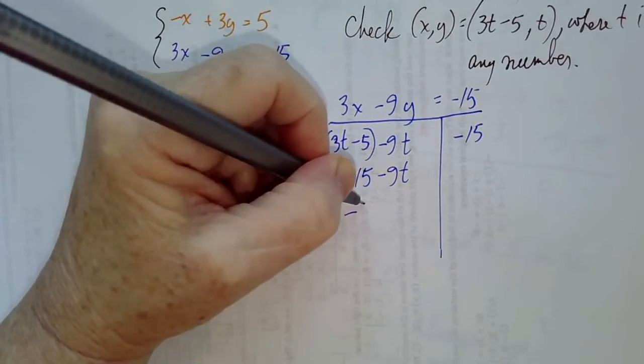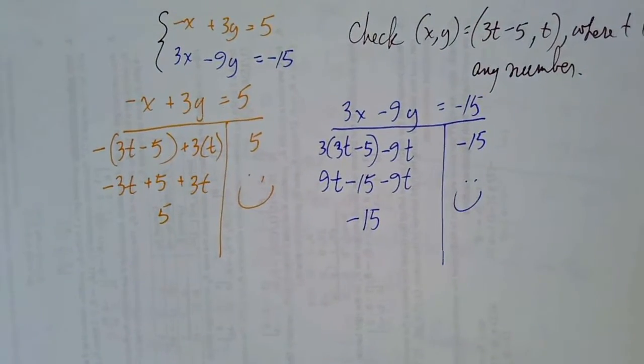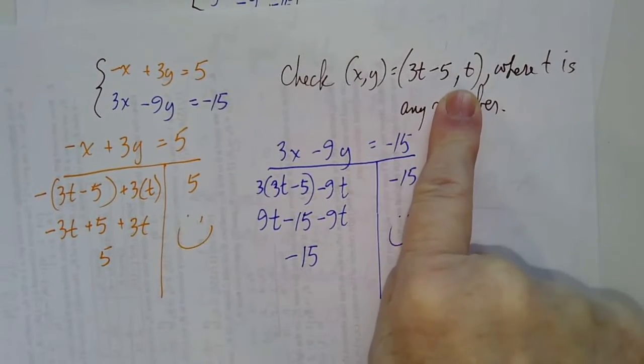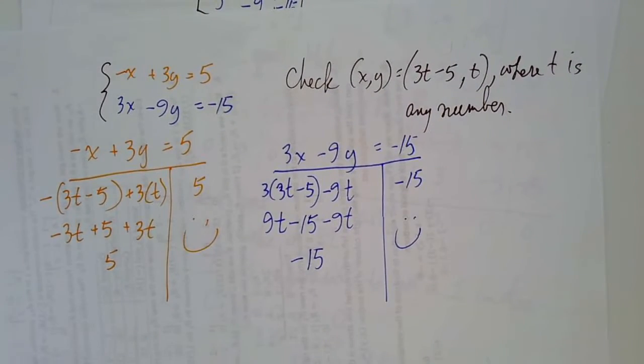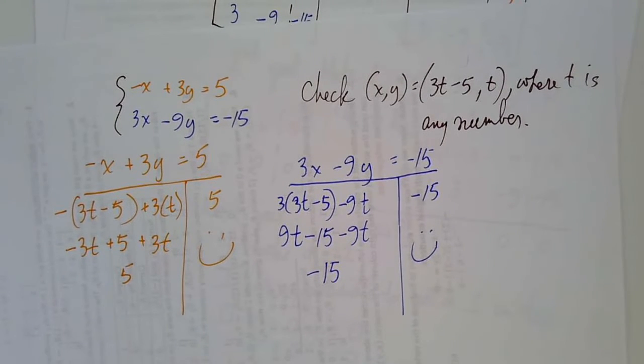We're just left with negative 15 on the left, which matches the right. So in a weird way, this solution matches or satisfies both of these original equations.